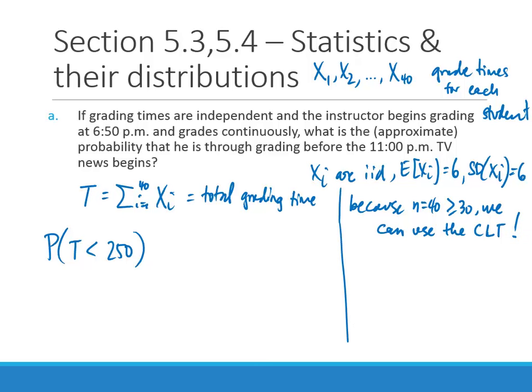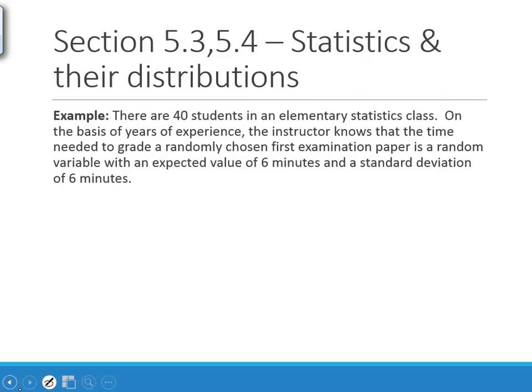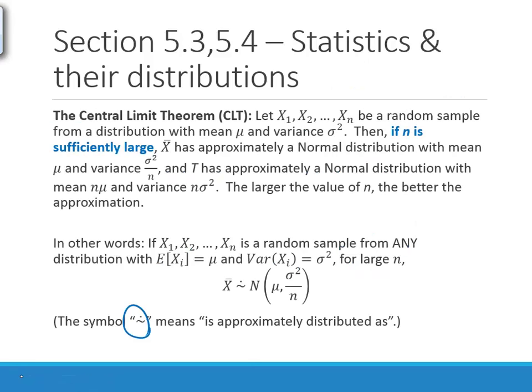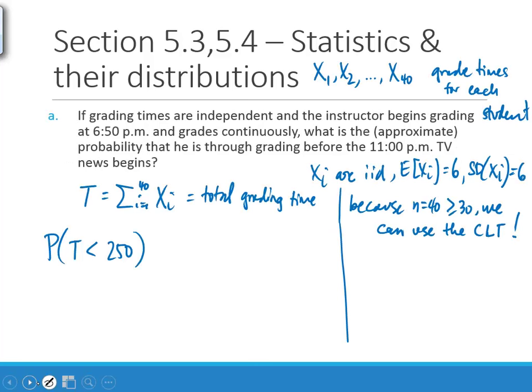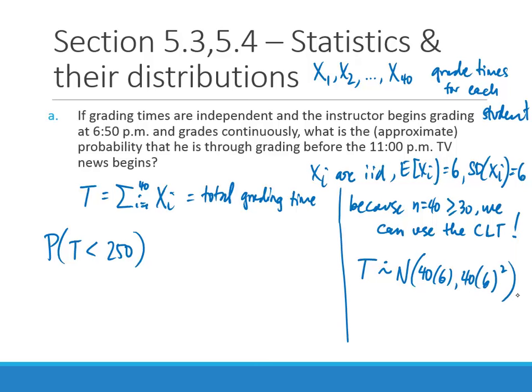Jumping back to what the central limit theorem says: T approximately has a normal distribution with mean n times mu and variance n times sigma squared. Because the sample size is big enough, T is approximately distributed as a normal random variable with mean n times mu, 40 times 6, and variance 40 times sigma squared, where 6 squared is the variance.